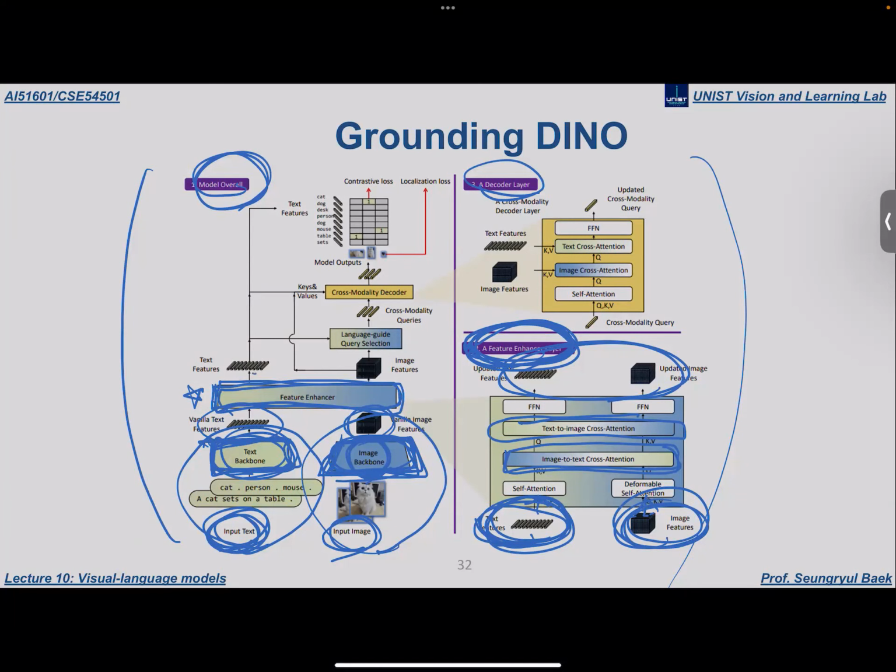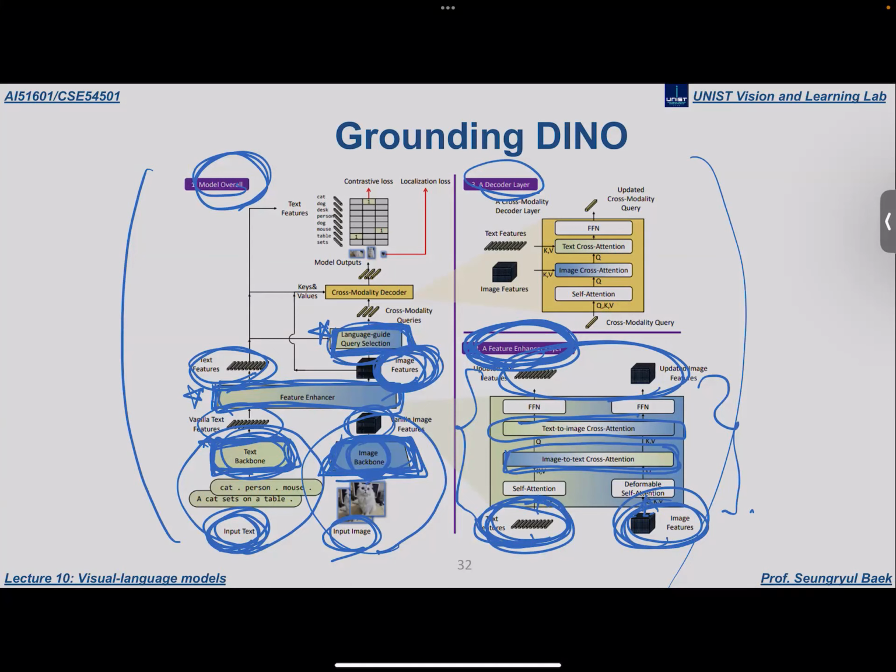So this text feature has some aspect of the image feature, and this image feature has some aspect of the text feature. And the second important part is the language-guided query selection. For image features, before applying them to the DINO decoder, they select the queries guided by the language.